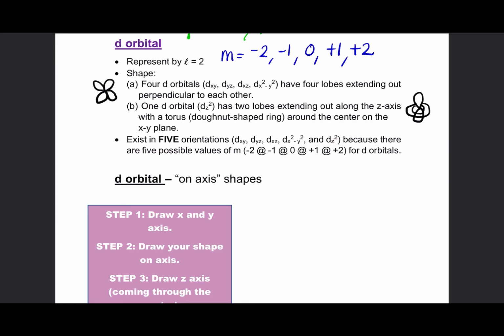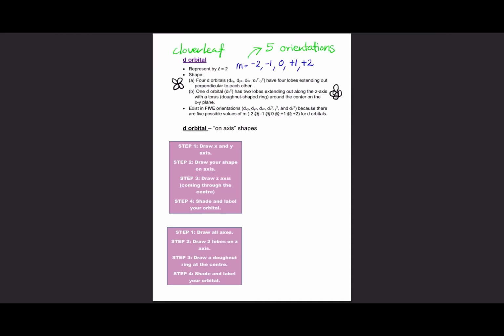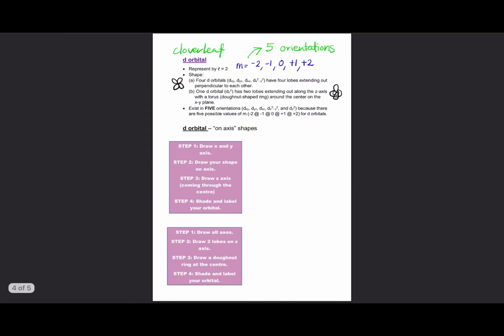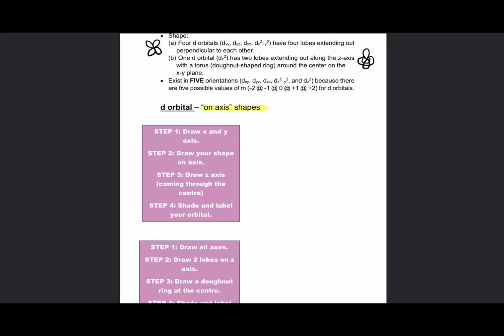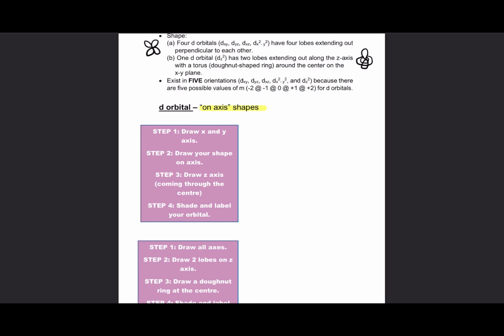Saya bahagikan kepada 2 parts for d orbitals: on axis shape, as you see here, and another one more adalah in between shapes. So we are going to focus based on this term. So let's go for on axis shapes first, di mana untuk on axis hanya ada 2 shape yang spesifik kita lukis atas axis.